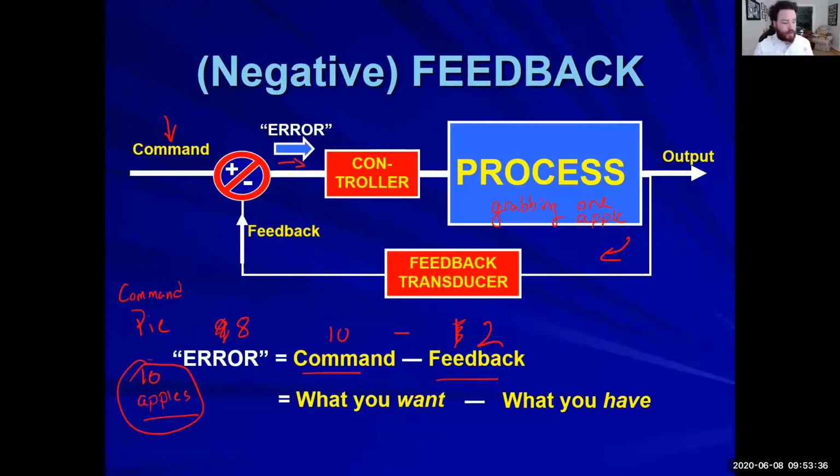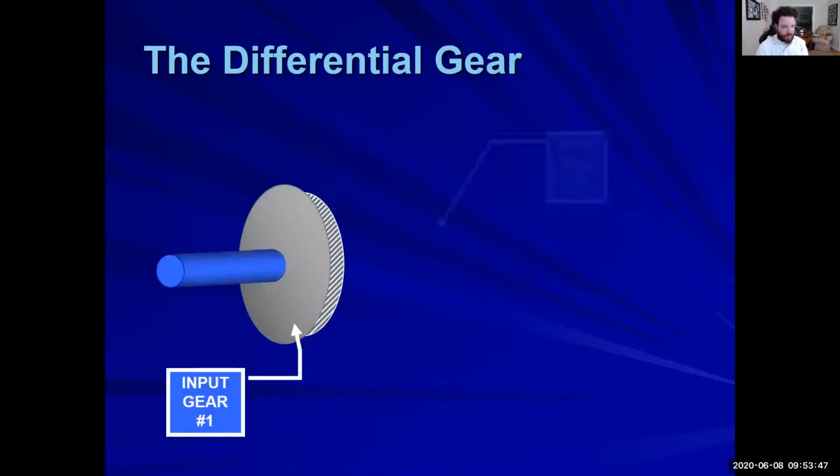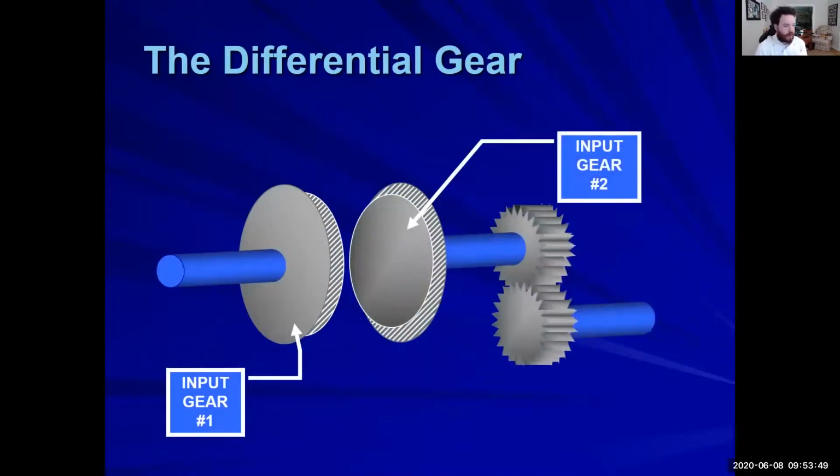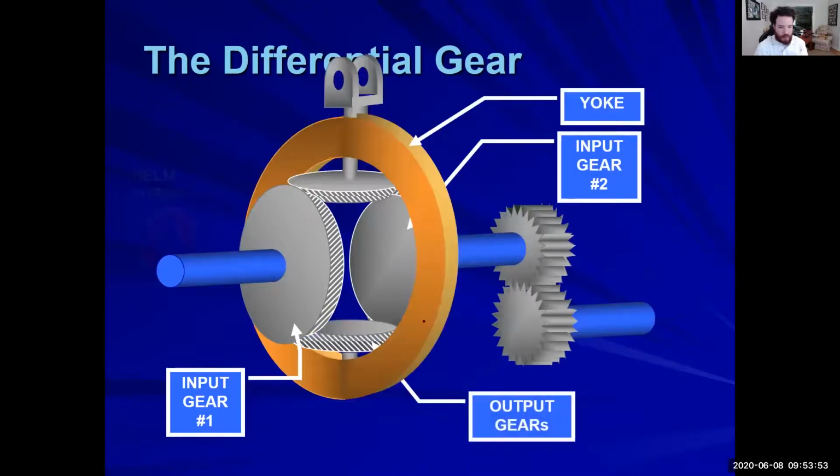That's all what's going on with any of our systems. When we move into the next step, what's happening is our differential gear. We have input gear number 1, input gear number 2, our output gears, and something called a yoke.